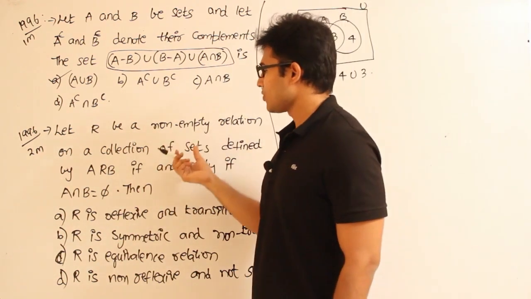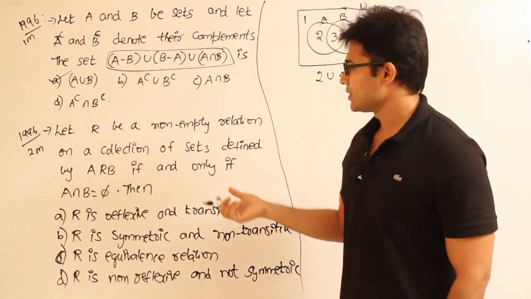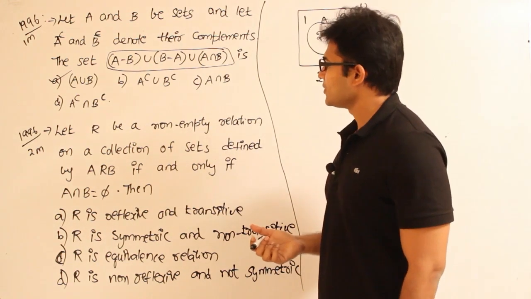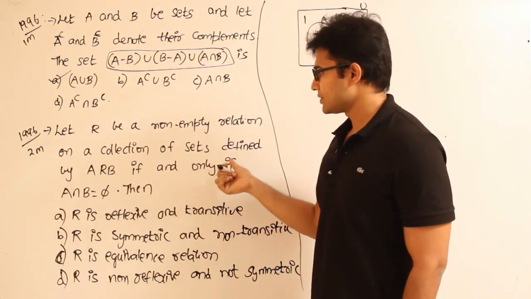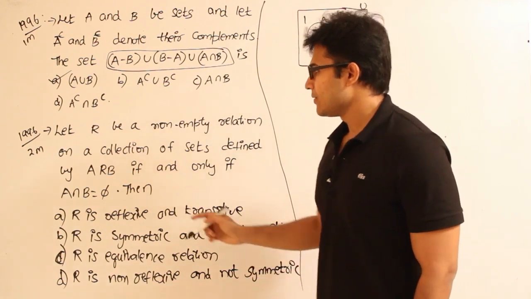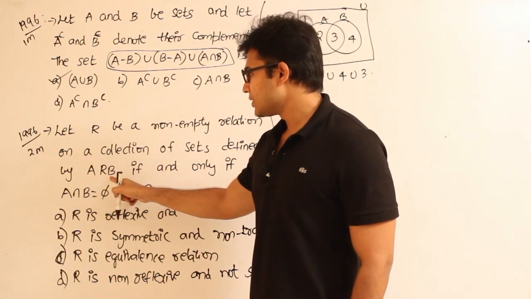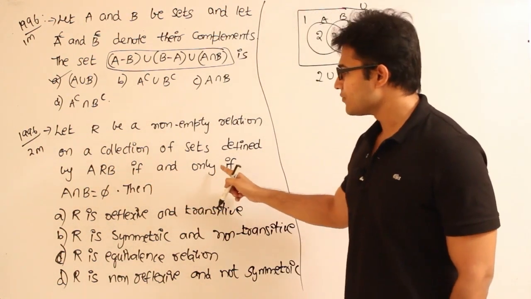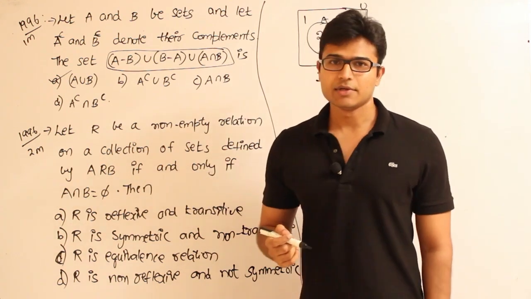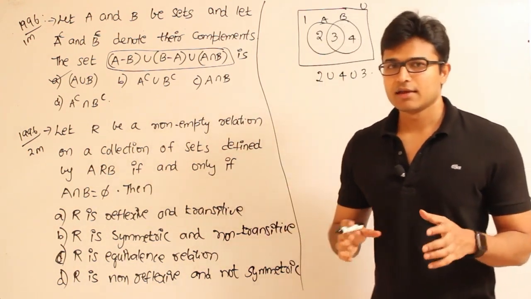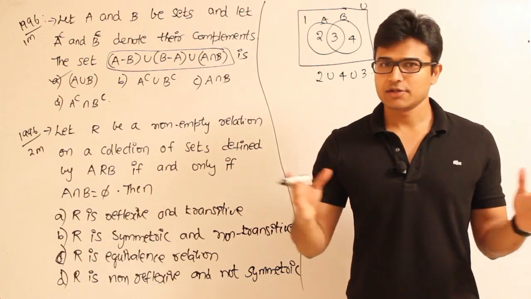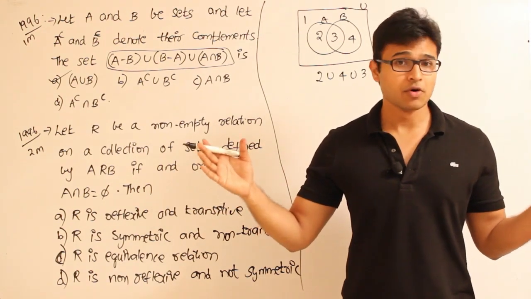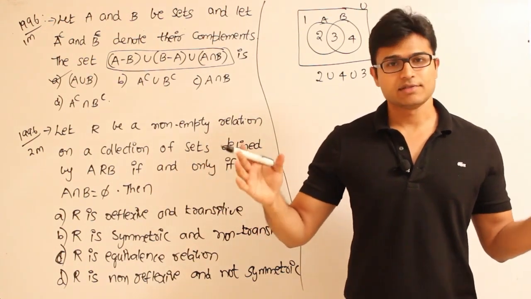Let capital R be a non-empty relation on a collection of sets defined by: capital A is related to capital B if and only if A intersection B equal to ϕ, which means they are talking about a collection of sets. So now the domain is nothing but the set of all sets.